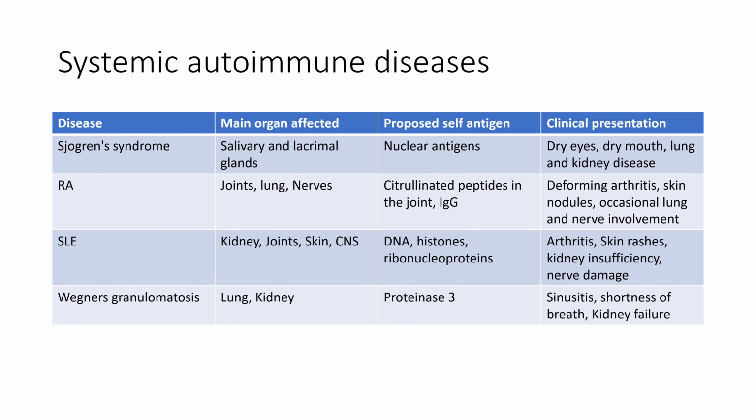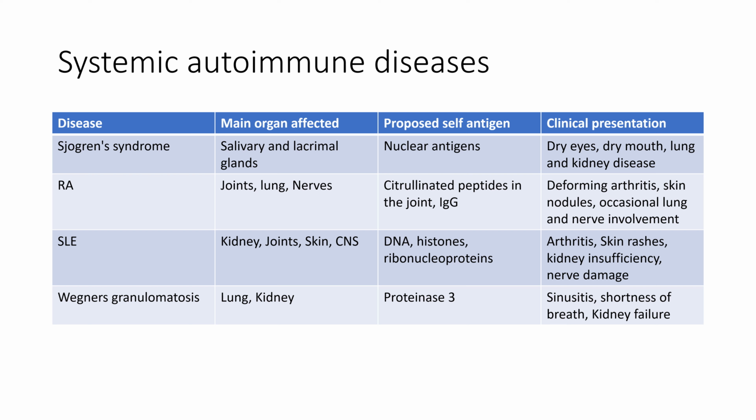Now the systemic autoimmune diseases. The first example is Sjögren's syndrome, in which the main organs affected are the salivary and lacrimal glands, and the proposed self-antigens are nuclear antigens. The classical clinical presentation is dry eyes, dry mouth, and lung and kidney disease. The second is rheumatoid arthritis, in which the main organs are joints, lungs, and nerves, and the proposed self-antigen is the citrullinated peptide in the joints.